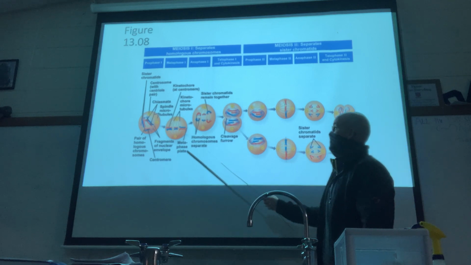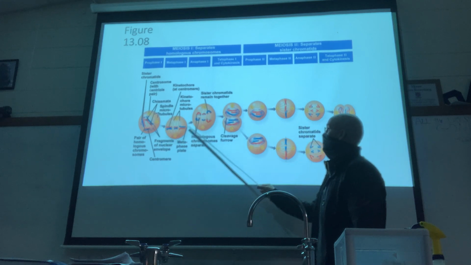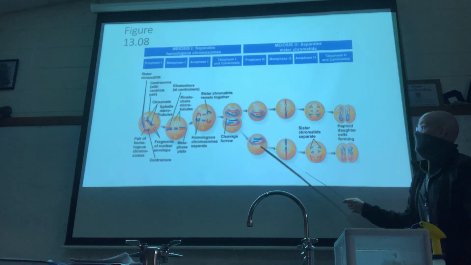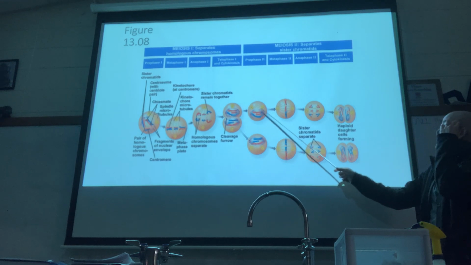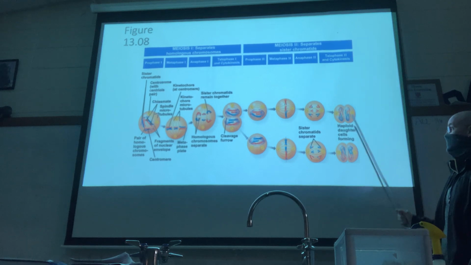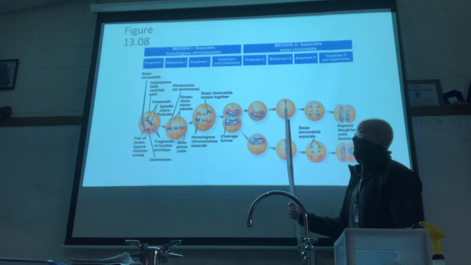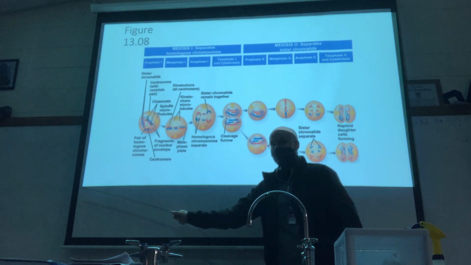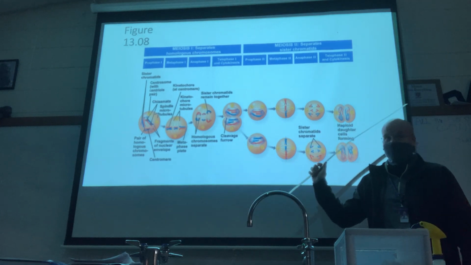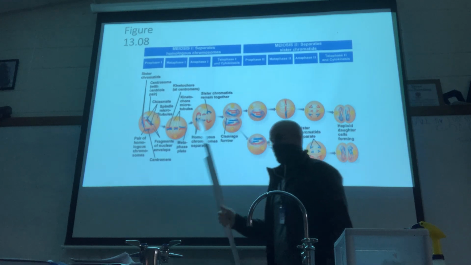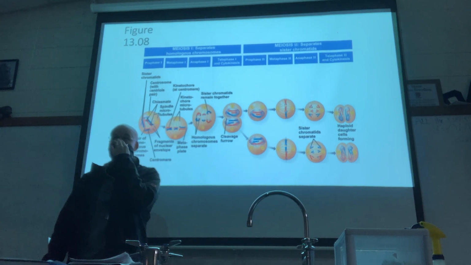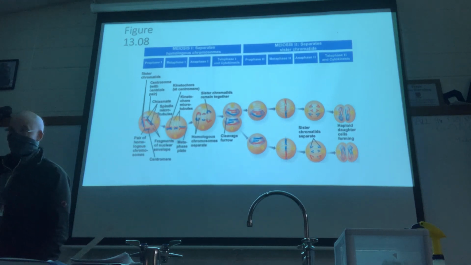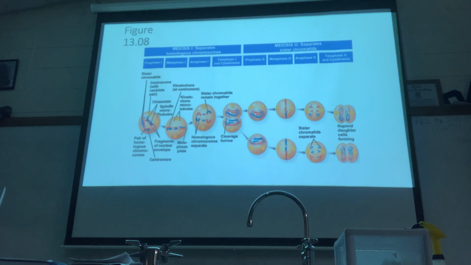And again, you can see this cell will divide, and then each of those cells in the second round of meiosis will go through a similar process and divide again, but it's not the same in the first half and the second half. So we're going to look at the first part of meiosis, look at the second part of meiosis, and then wrap it up in a few slides on some details.